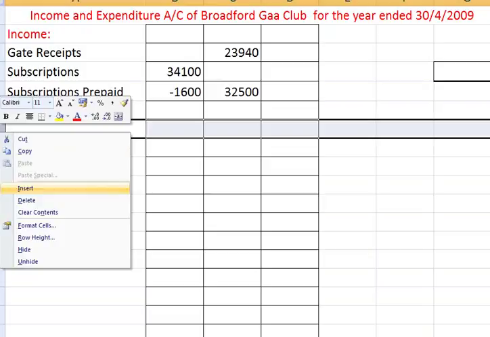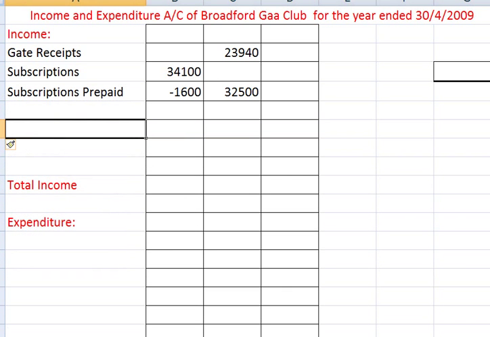Okay. Now, the next receipt I see is the club lotto. But there are also club lotto prizes down in payments, so I'm going to net those two figures off up here. If you put the club lotto prizes down in expenditure, that's fine too, so long as you just don't enter it twice.